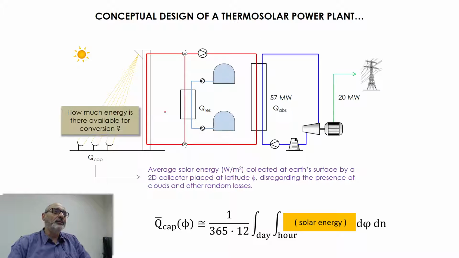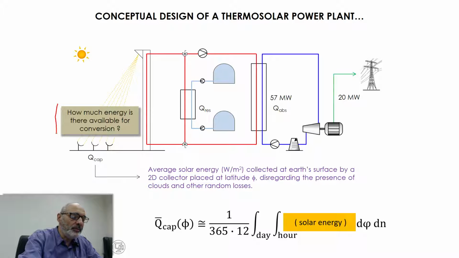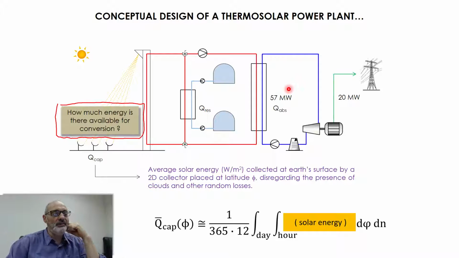And what we need to do now to proceed with our calculations is to determine how much energy is available for conversion. I'm making this remark here. Why is this not a trivial question?